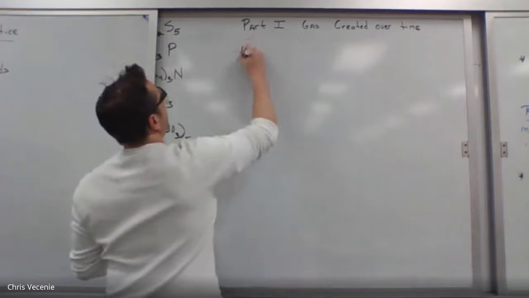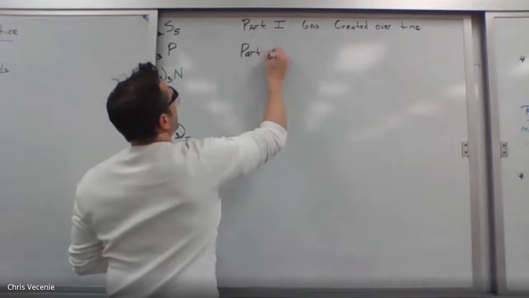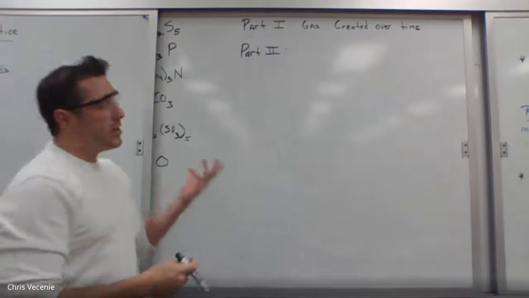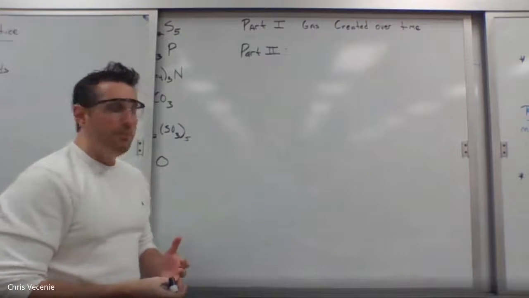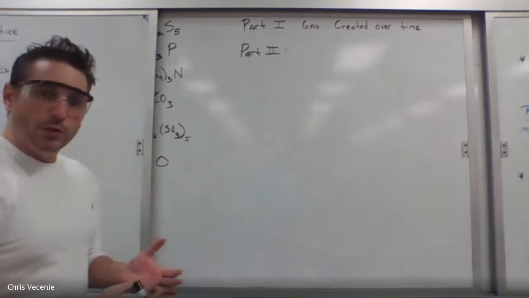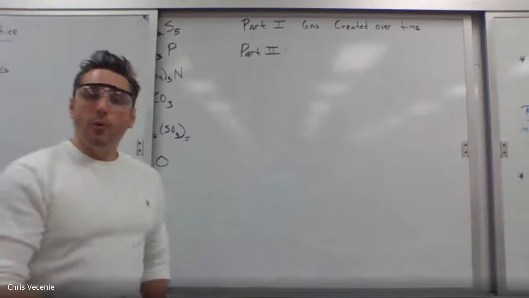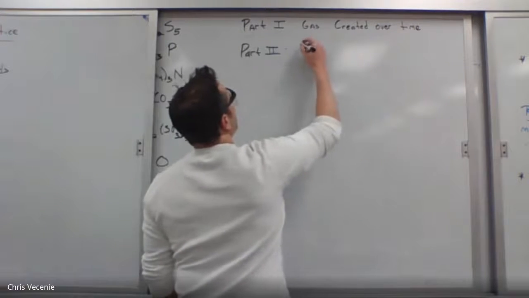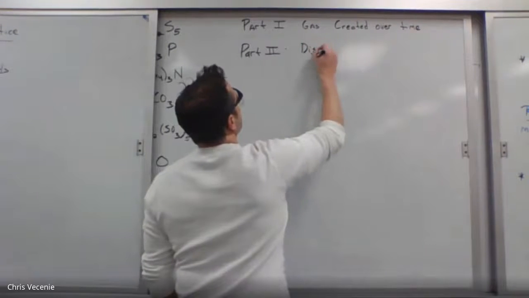In part 2 of the experiment, we're going to measure something different. We're not measuring a product being created over time like we did for part 1 with the CO2. We're going to measure how a reactant disappears over time.